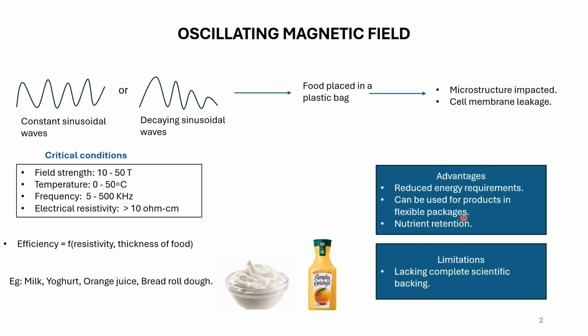What I mean by this is when you carry out processes which involve light treatment, for instance, making use of UV rays to reduce the microbial load, you need to place the product in a package that can help UV rays penetrate into the package and treat the product. But in the case of oscillating magnetic field, you are not encountered with such a constraint. There is improved nutrient retention.